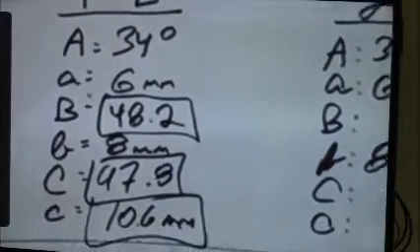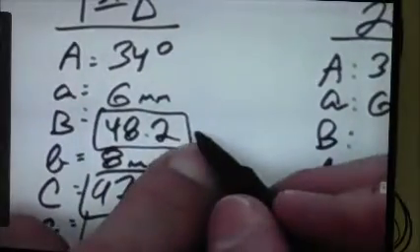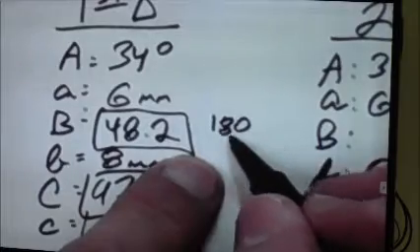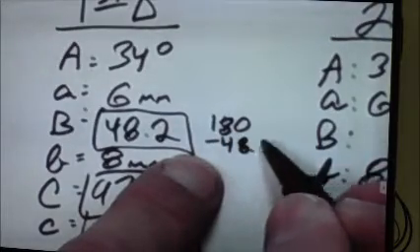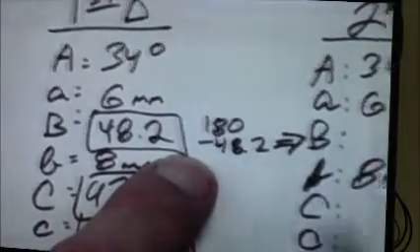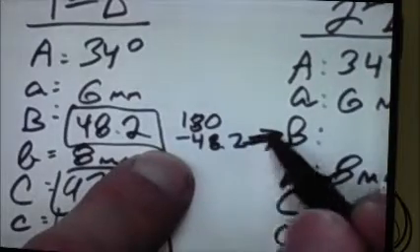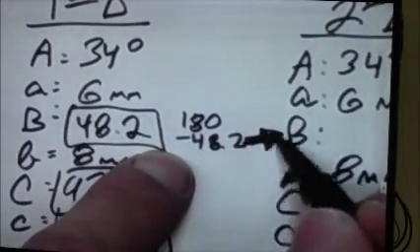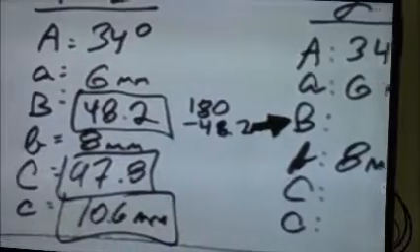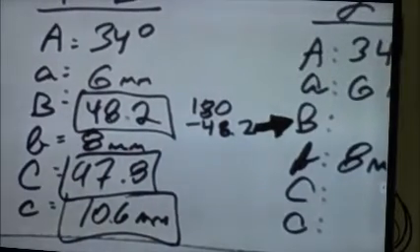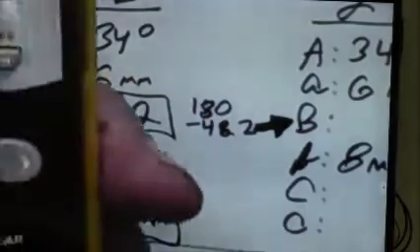Because of them being supplemental angles and adding up to 180, I can do 180 take away 48.2, and that will give me the other angle B, the obtuse angle B. So 180 minus 48.2, that's like 180 minus 50, which is 130, and 2.2... okay, let's play with it.